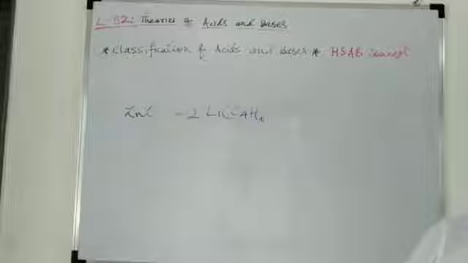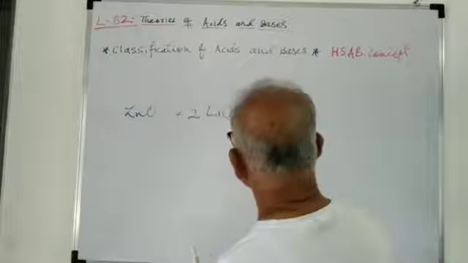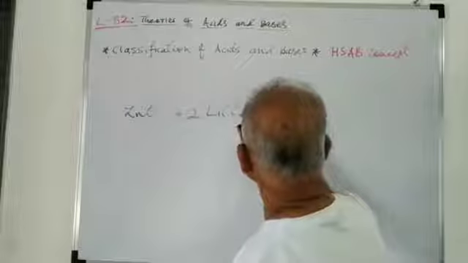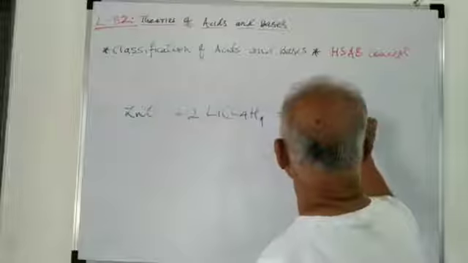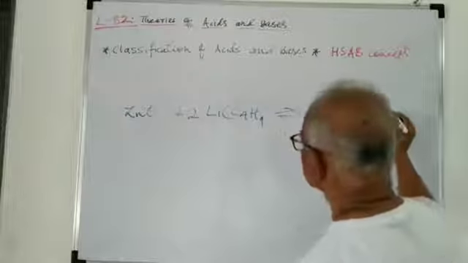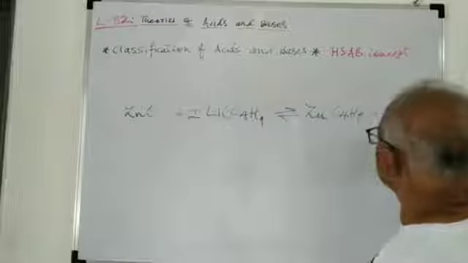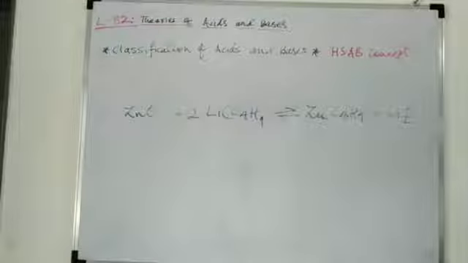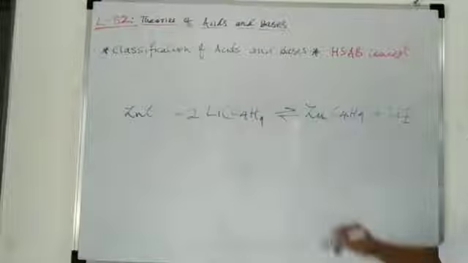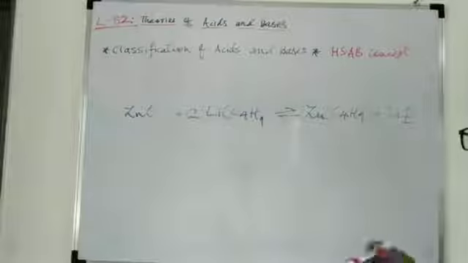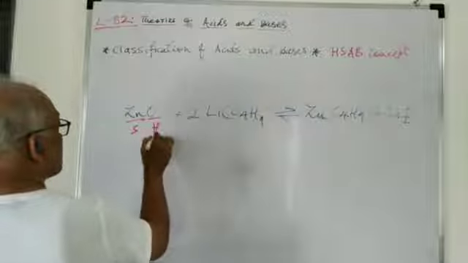It will give us Zn(C4H9)2 plus Li2O. Here you will find that Zn2 plus is a soft species and O2 minus is a hard species.